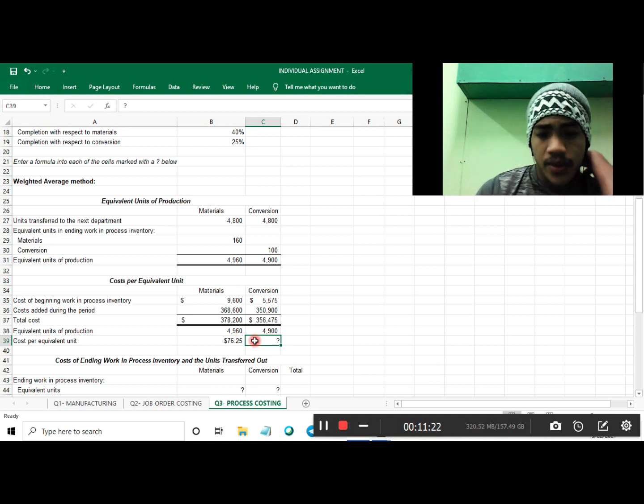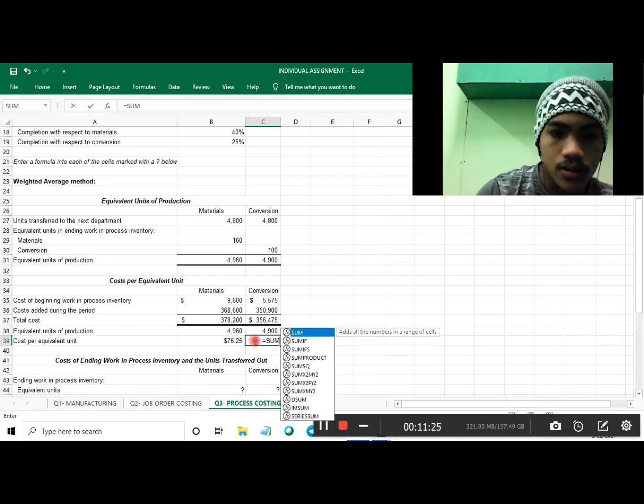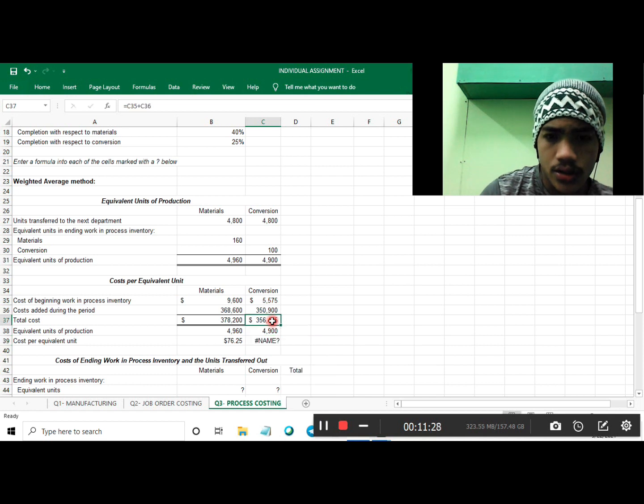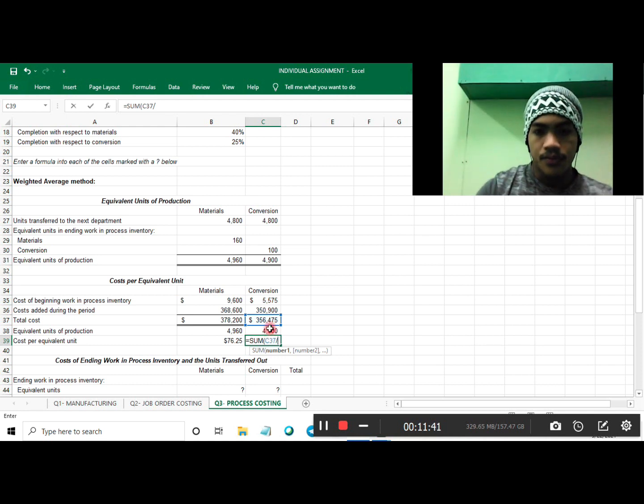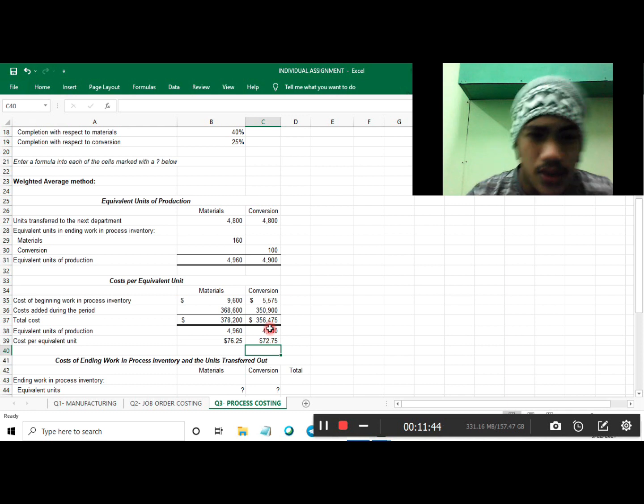For conversion, same formula: total cost for conversion divided by equivalent unit of production for conversion. So we get 72 ringgit 75 cents.